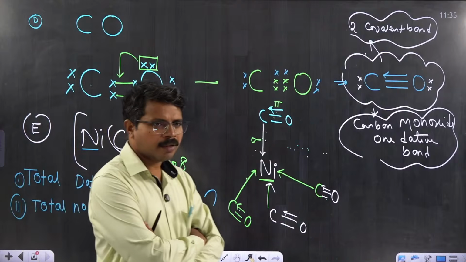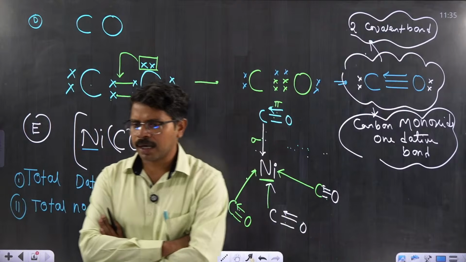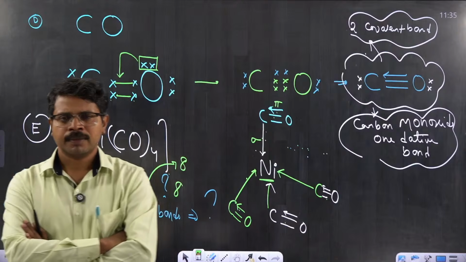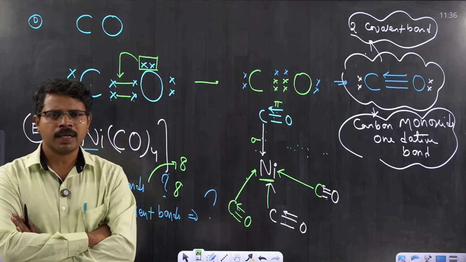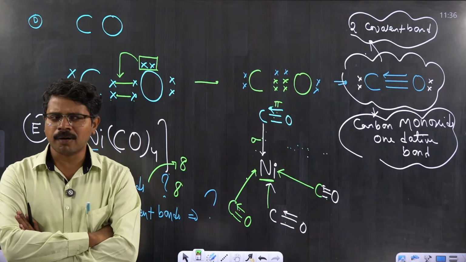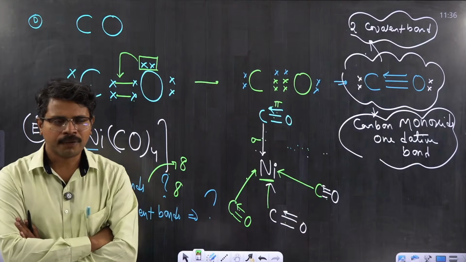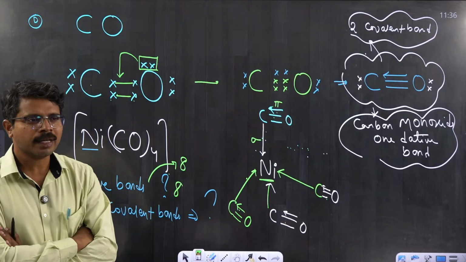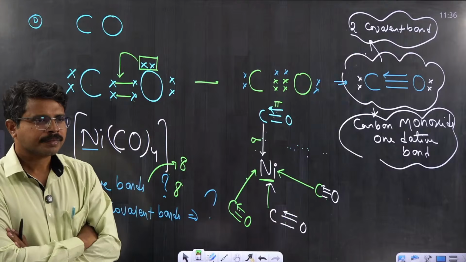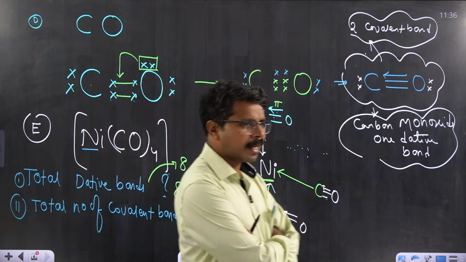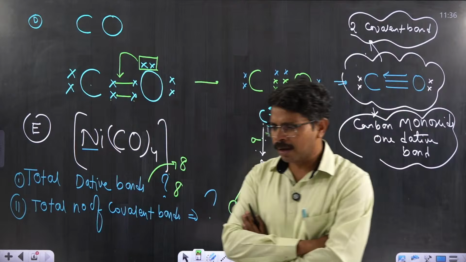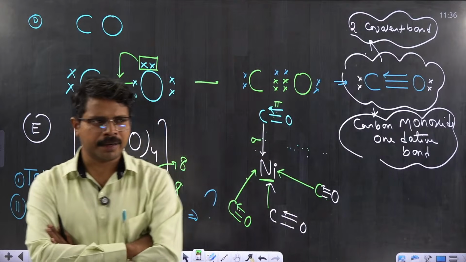Some of you have raised this question, I think in the last class. Can a dative bond be a sigma bond or is it a pi bond? Now with this we can conclude: a dative bond can be a sigma bond or it can also be a pi bond.